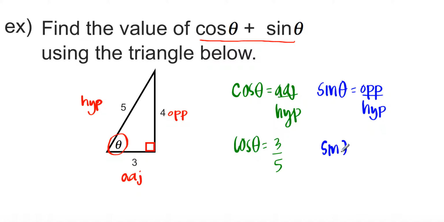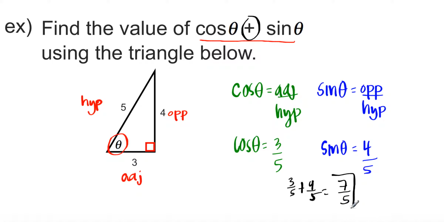So sine theta is opposite, which would be 4 in this case, over the hypotenuse, 5. And then the question asked you to find the sum of them, cosine theta plus sine theta. So we just need to add 3/5 plus 4/5, and that gives us 7/5. So all we're doing here is practicing these ratios and knowing these definitions.